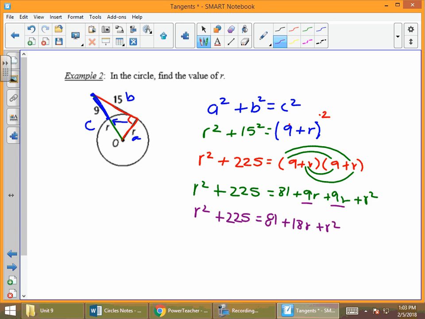They cancel out. You have the same thing on both sides. It always just drops. Because if I took this r squared and moved it over, it cancels. Well, it's also going to cancel there. They just cancel out. So now, that makes our lives a little easier because we're not dealing with those r squared. We just have 225 equals 81 plus 18r.